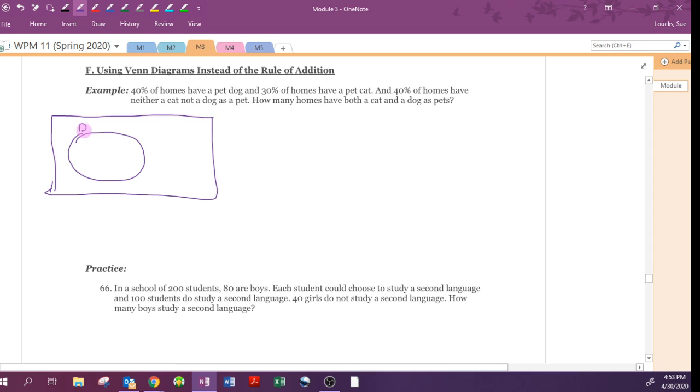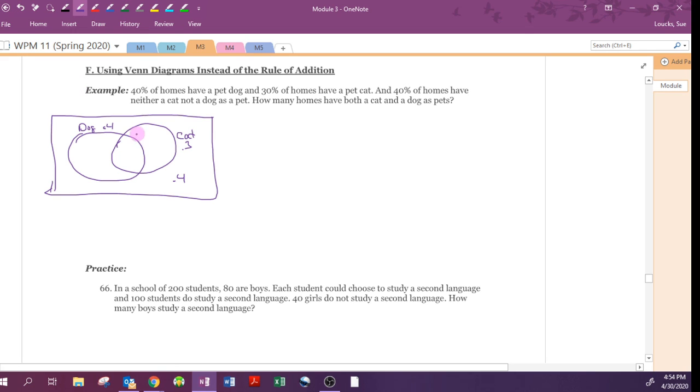And this is dog, and it's 0.4. And 30% of homes have a cat. So this is cat, and that's 0.3. And 40% have neither a cat nor a dog as a pet. So that's this area out here. This is the 0.4 out here.